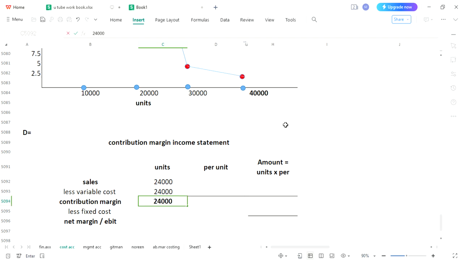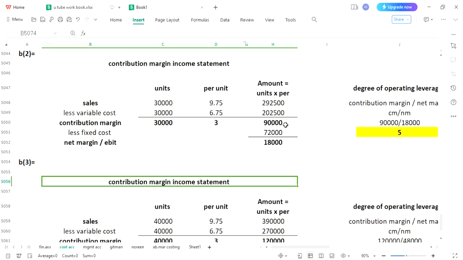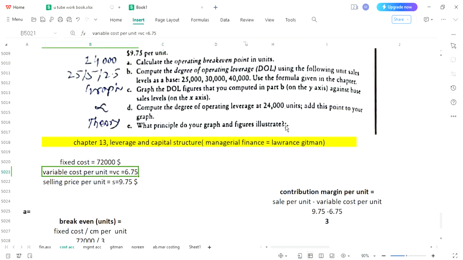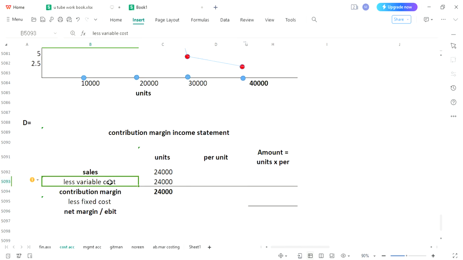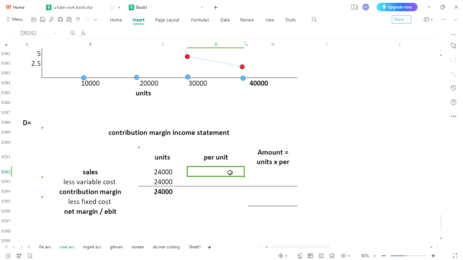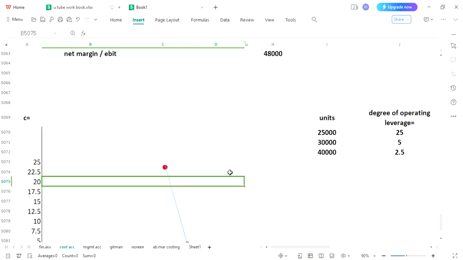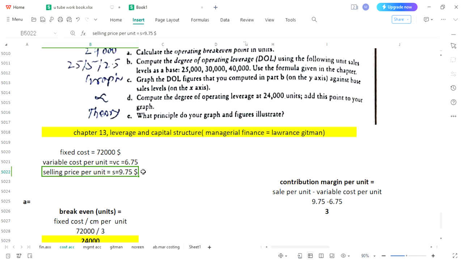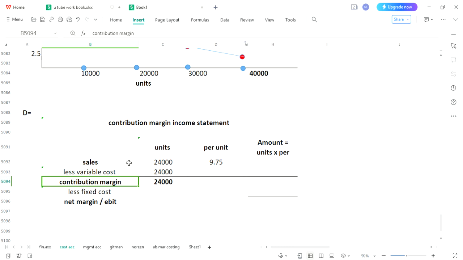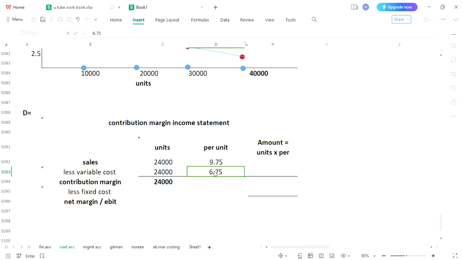Units for contribution margin would be 24,000 as well. Then we need to put the per unit sale price, which was mentioned over here, 9.75. Then the variable cost, which is 6.75.